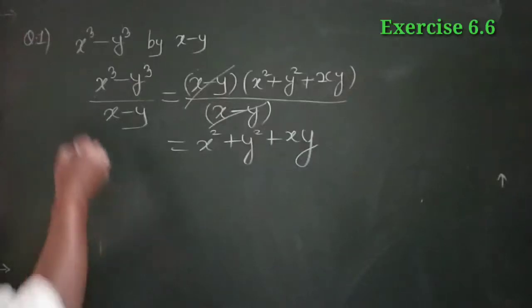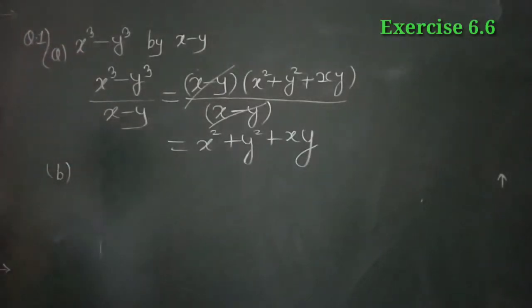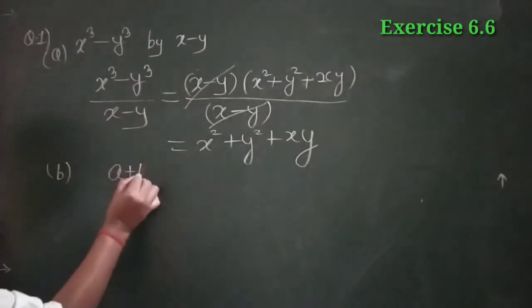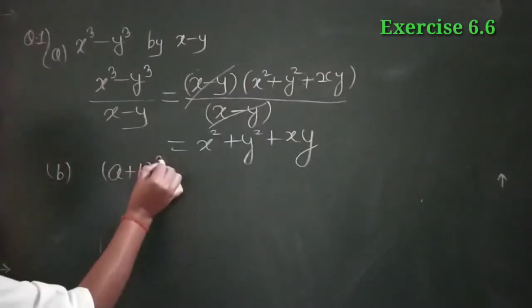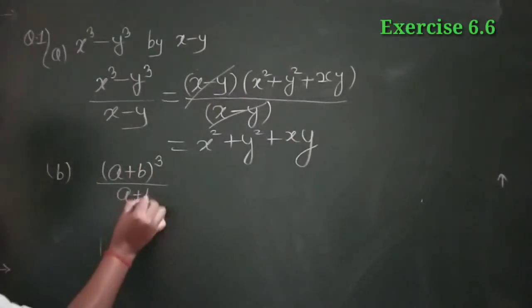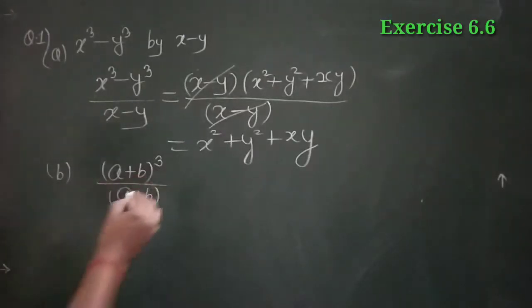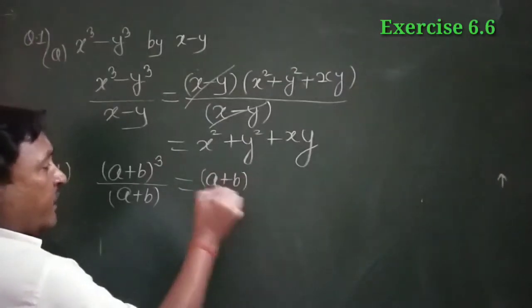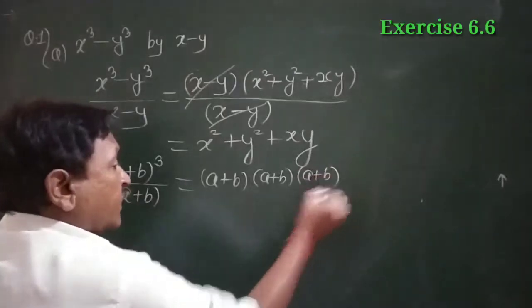This was part A. In the same way we can do part B also. In part B it is written a plus b whole cube divided by a plus b. It means we can write it as a plus b, a plus b, a plus b.